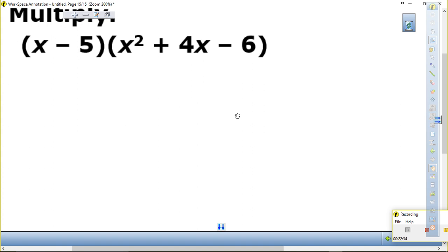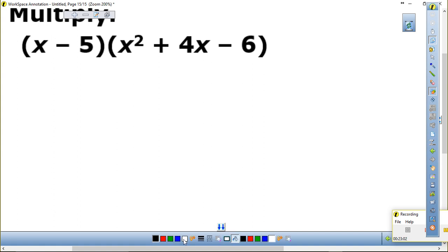So now we have a binomial times a trinomial. So copy that, and instead of using distributed property, I'm going to use area model for this one. Okay? Here we go.